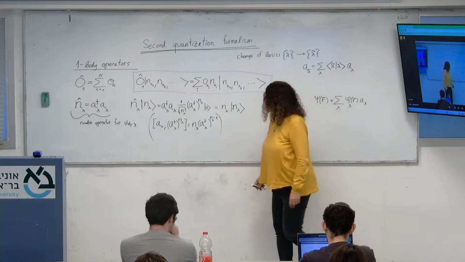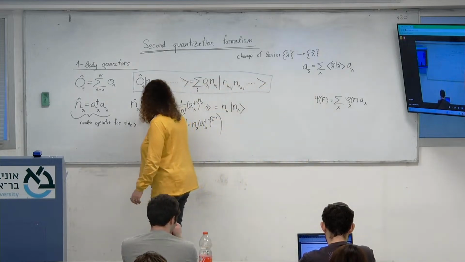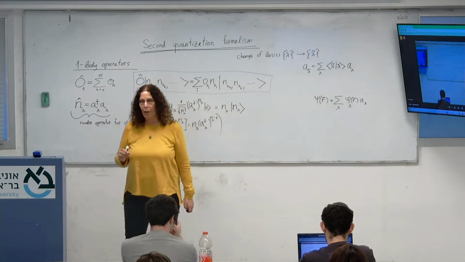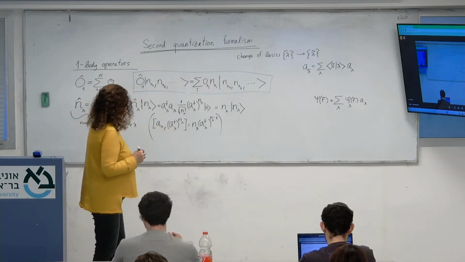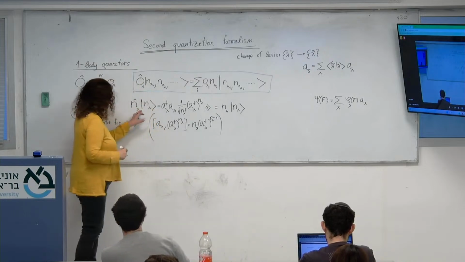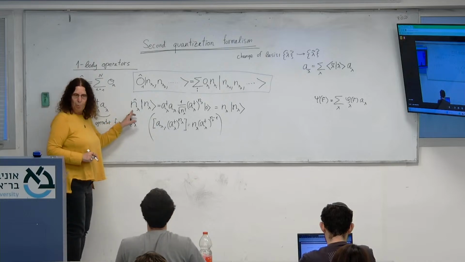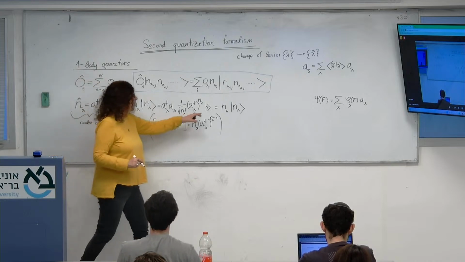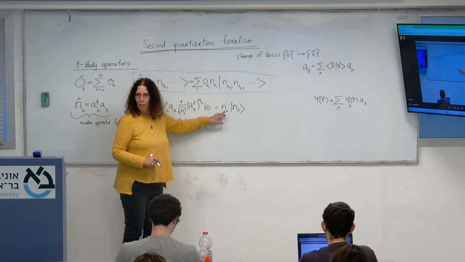So the states with well-defined occupation of each quantum number are eigenstates of the number operator with eigenvalues which are nothing but their occupation.